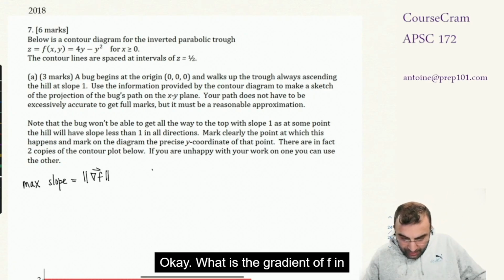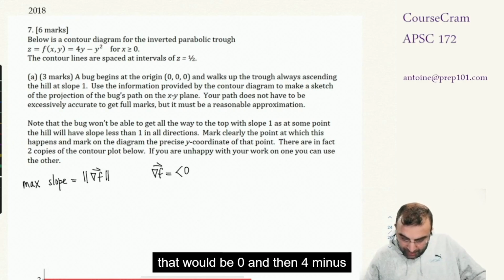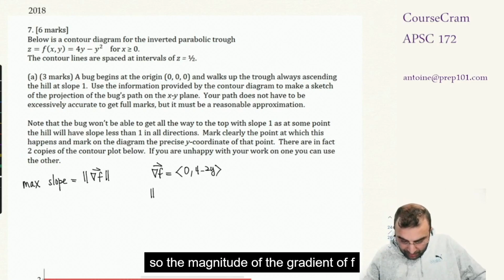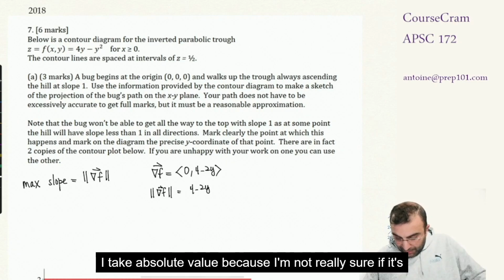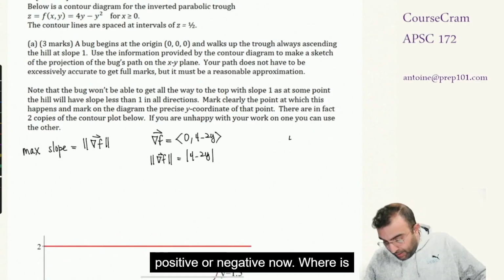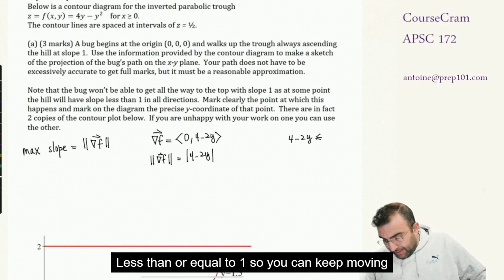Okay, what is the gradient of f in this case? That would be 0 and then 4 minus 2y. So the magnitude of the gradient of f is the absolute value of 4 minus 2y. I take the absolute value because I'm not really sure if it's positive or negative. Now, where is 4 minus 2y less than or equal to 1?